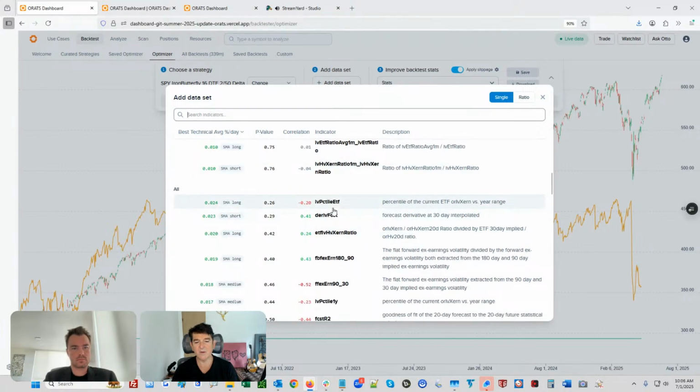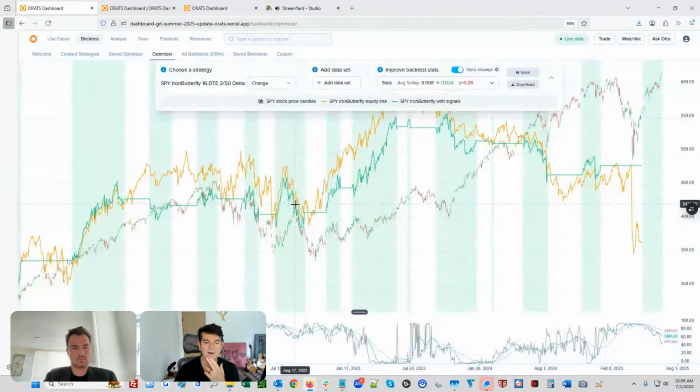And then I just know from past experience that some of these, actually this isn't that bad one, so I'll click on this one. So this is a 26 p-value, and what we're seeing is it's only going to trade when the implied volatility percentile to the ETF is within a certain SMA range.